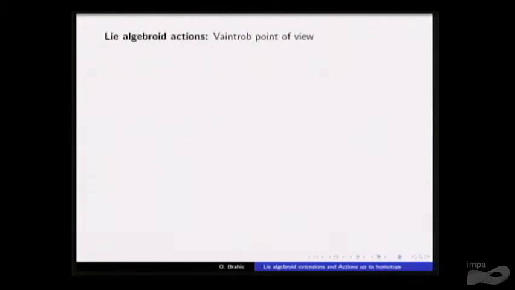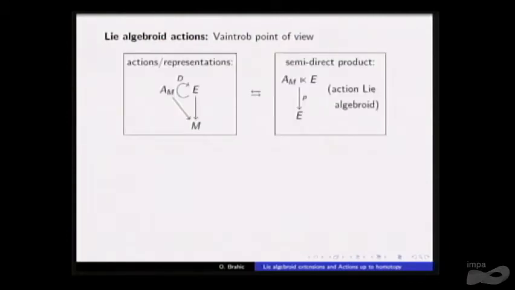The idea is pretty simple: say you have an action or a representation of an algebroid A over M, on either a vector bundle E over M, or a submersion from a smooth space E to M. How can I obtain some kind of DGA?